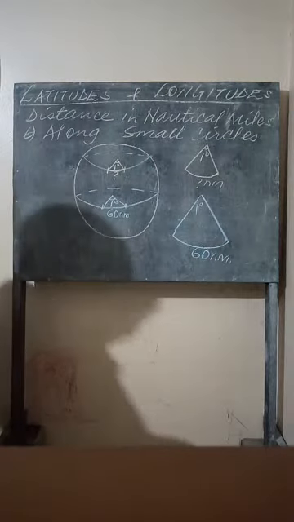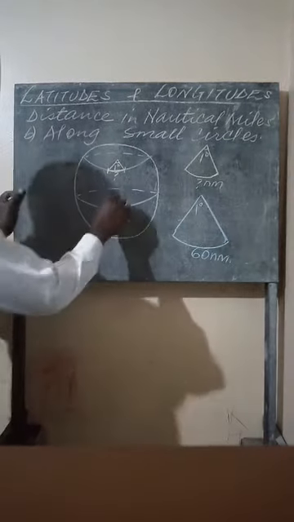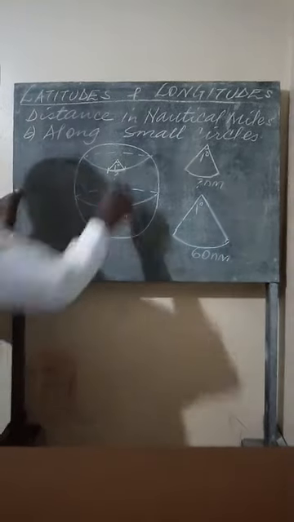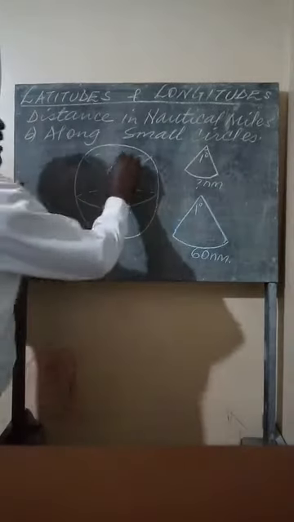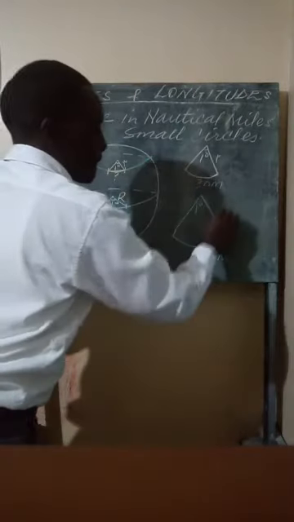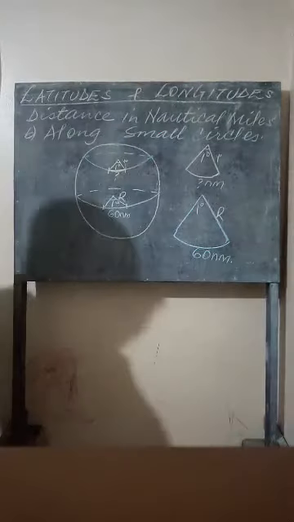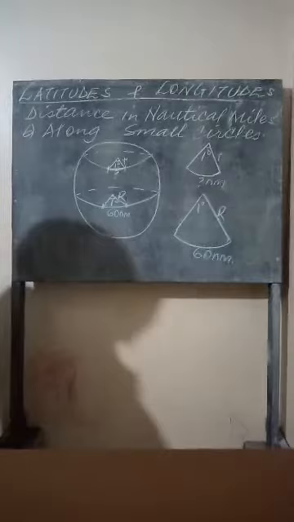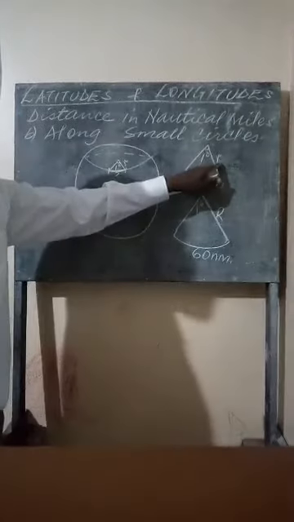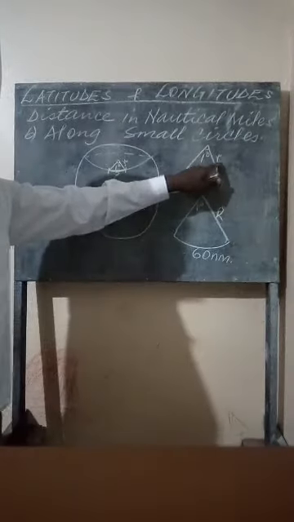The other thing that we need to note is that the great circle has a radius capital R, while the small circle has a radius small r.